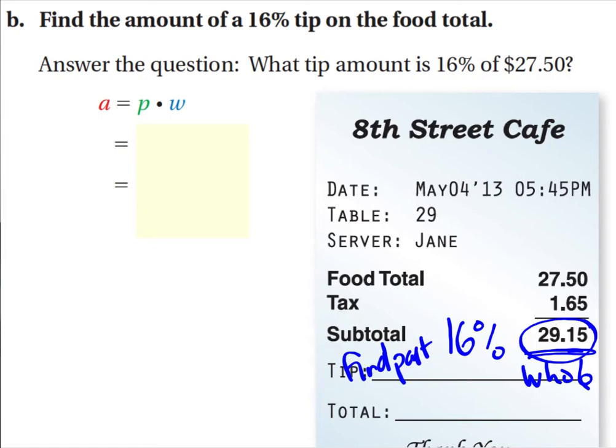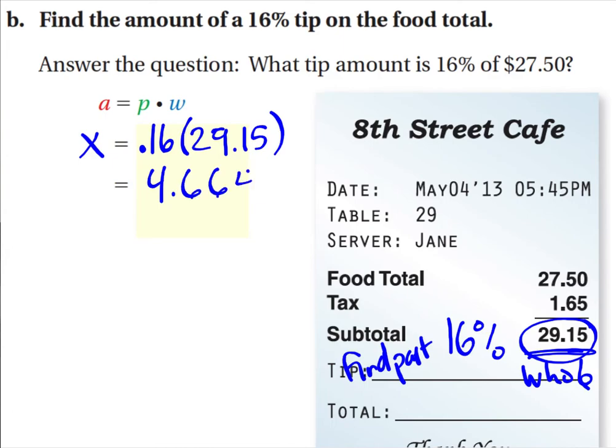We don't know what the part is, but maybe we use an X. We need to do 16%, that's 0.16 times 29.15. 0.16 times 29.15 is 4.664. Because it is money, we will round it to $4.66. A 16% tip would be $4.66.